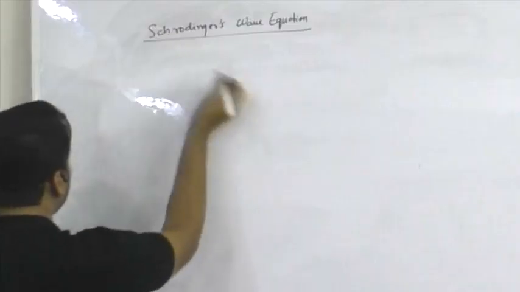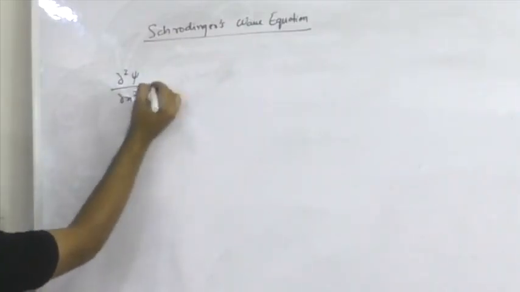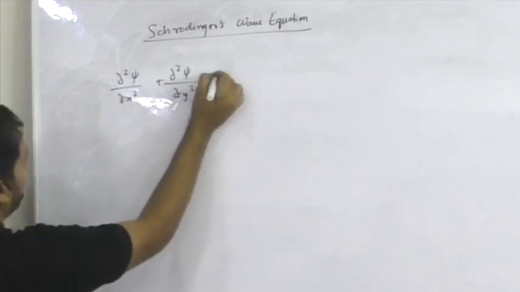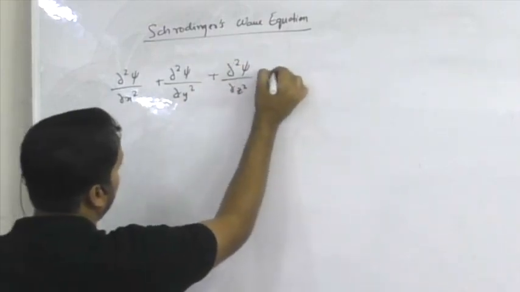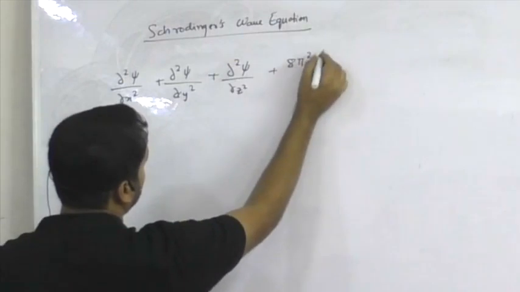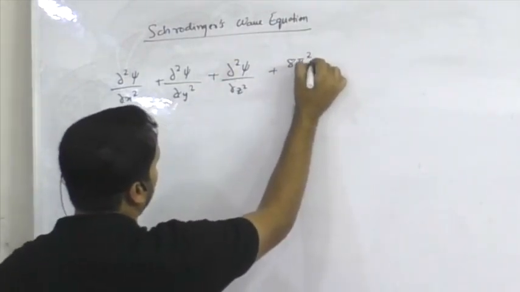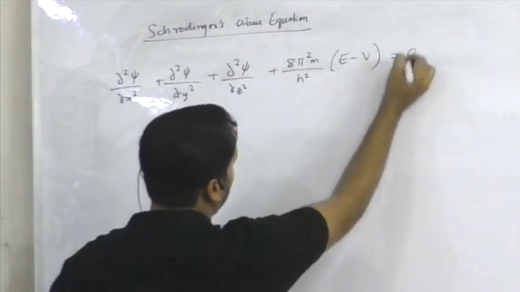Let's understand. Schrödinger's wave equation is this: ∂²ψ/∂x² + ∂²ψ/∂y² + ∂²ψ/∂z² + (8π²m/h²)(E − V)ψ = 0.